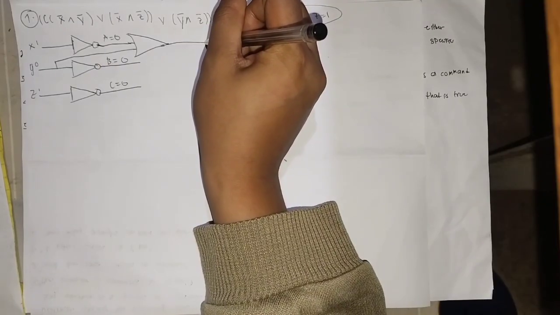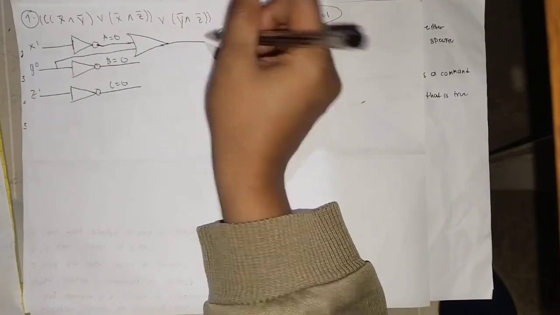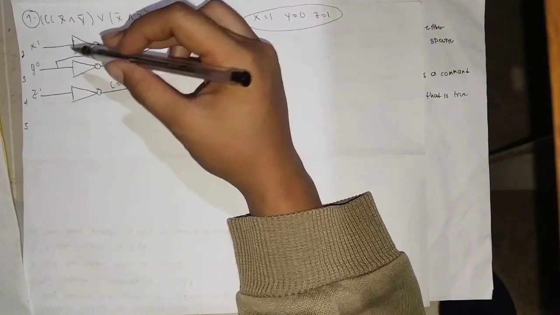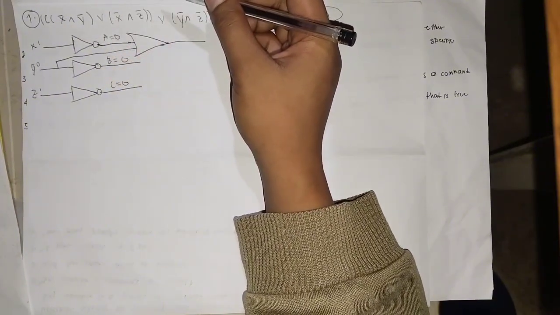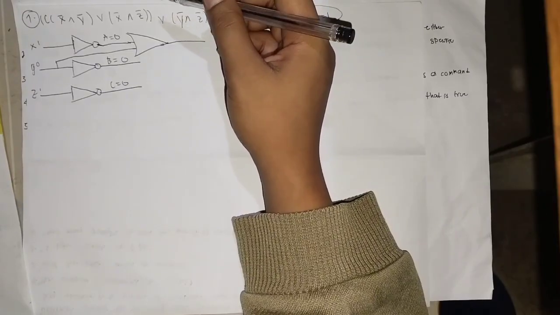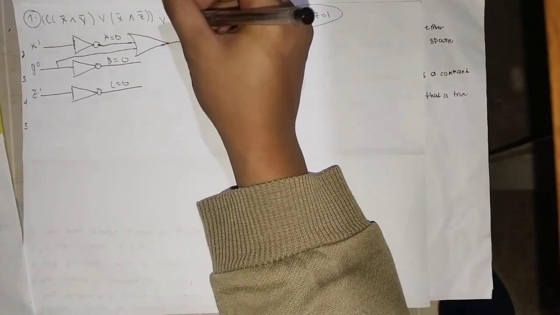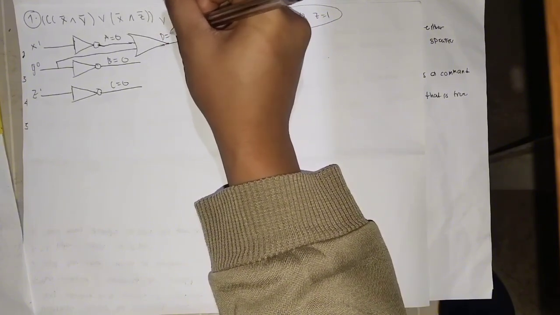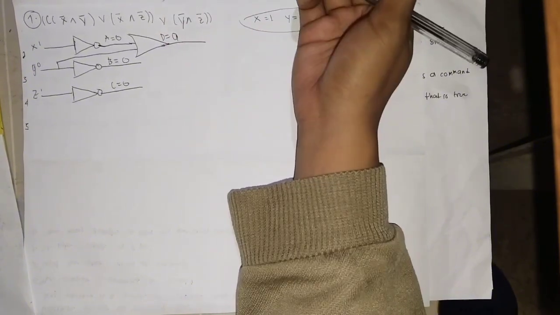The first NOR gate takes A, which is a 0, and Y, which is a 0, as input. Since both are 0, the output of D is 1. So D is equal to 1.